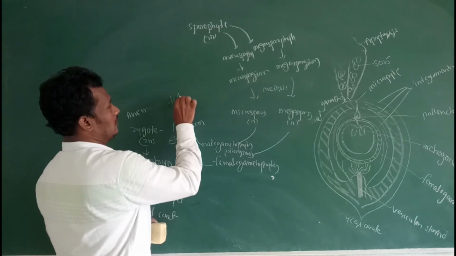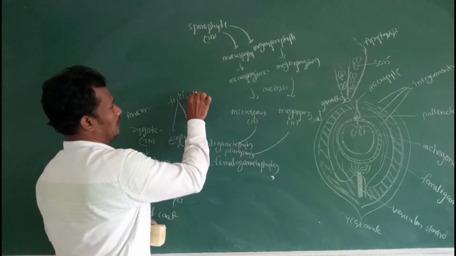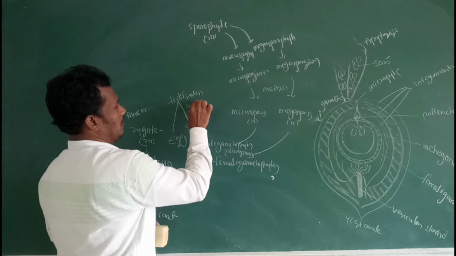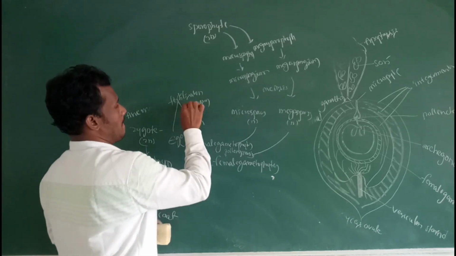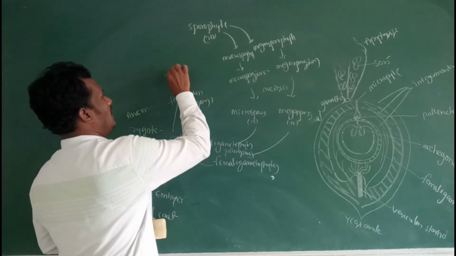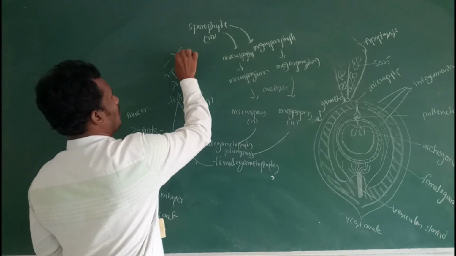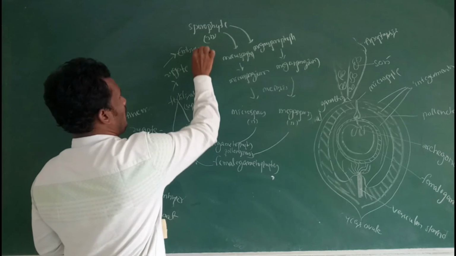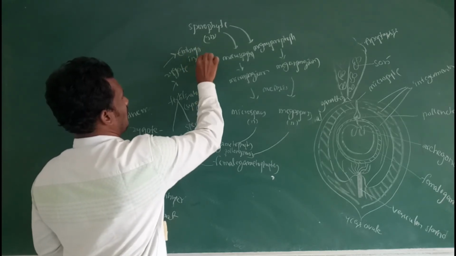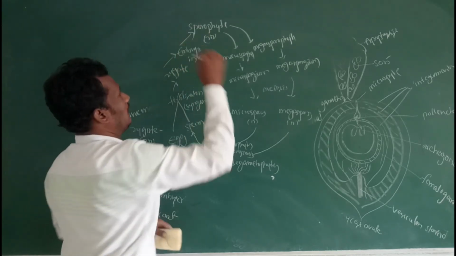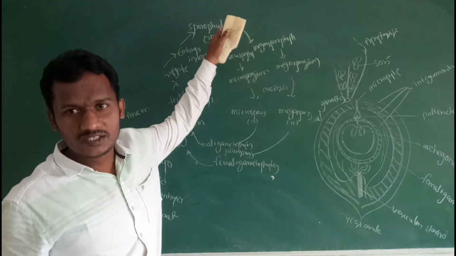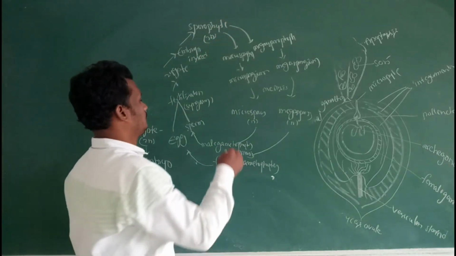Then fertilization, syngamy, forms the zygote. Then the zygote develops into an embryo in a seed, then the embryo develops directly into the sporophyte.